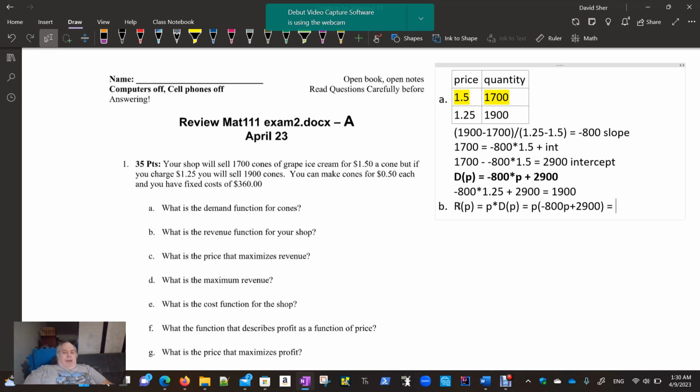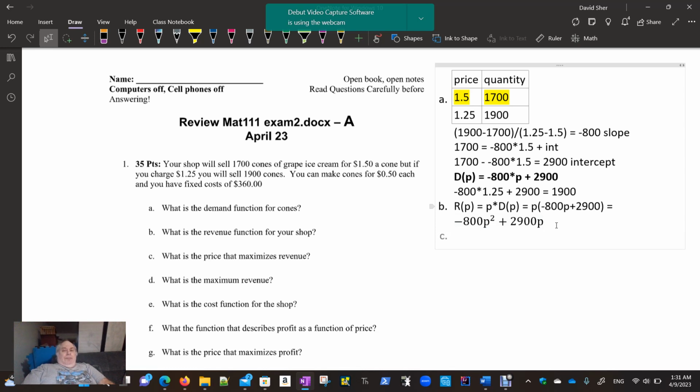And that's going to equal, and I have to put that in math mode, negative 800 p squared plus 2900 p. I'm going to put that on its own line to make it a little easier to see. And remember you have to distribute the P to all the parts. So that's part B, revenue.